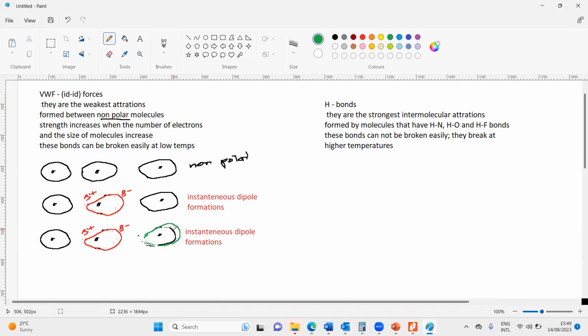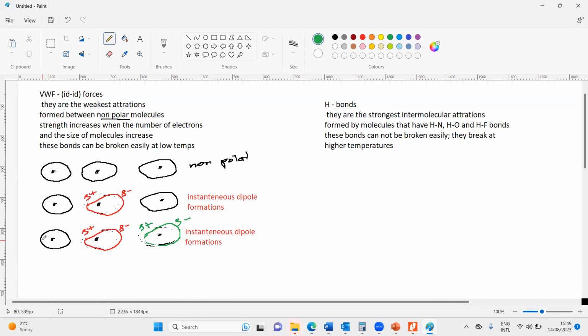Likewise, see now the electron density has changed. We have delta negative here and delta positive here. When the electron density on the left-hand side in the middle molecule decreases, electron concentration is less.